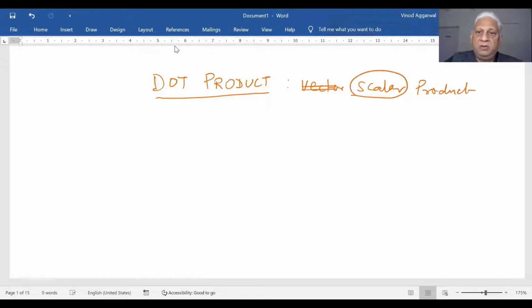By the word scalar, you know that it is a quantity which has only magnitude and no direction. Okay.